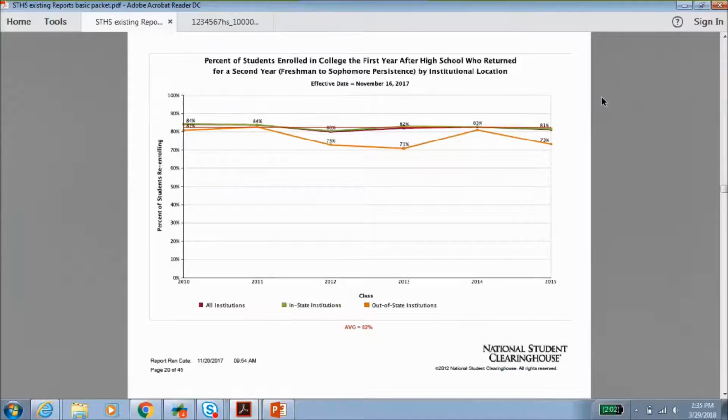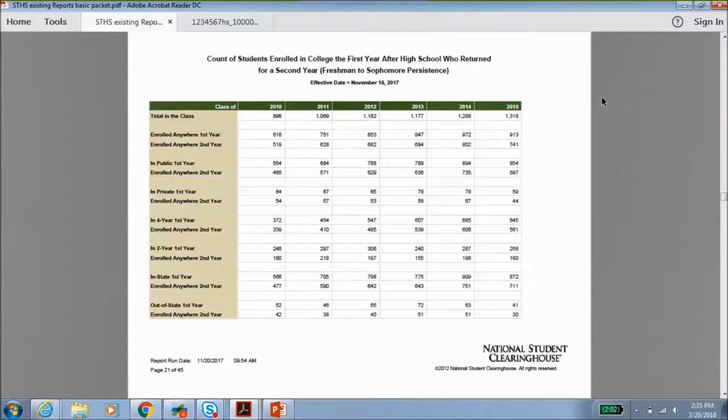And then we do have a dip, if you notice here, in the class of 2013. For the out-of-state, it does drop to 71%. So when you go to the graph, I want to point out, go to the column for 2013, and if you go down to the in private first year and enrolled anywhere else the second year, you can see that the dip looks pretty drastic, but when you look at the numbers, we're talking about 78 students right here.